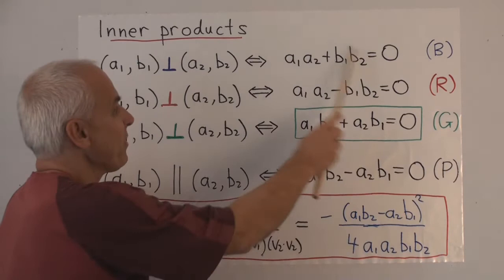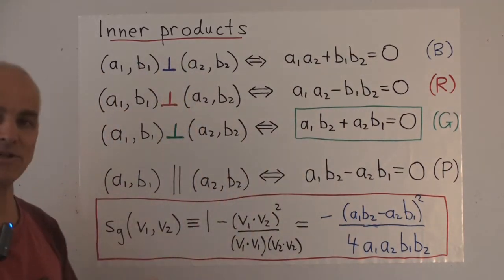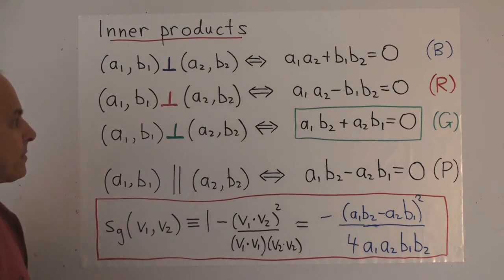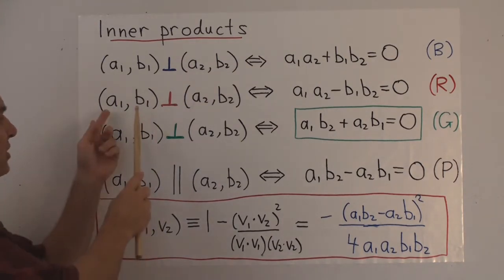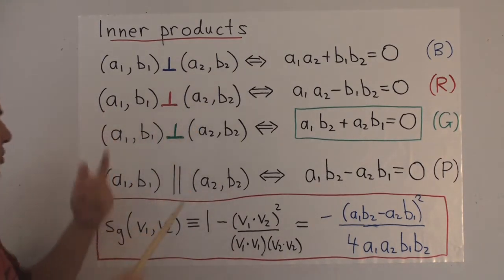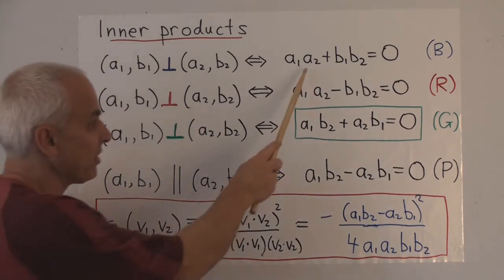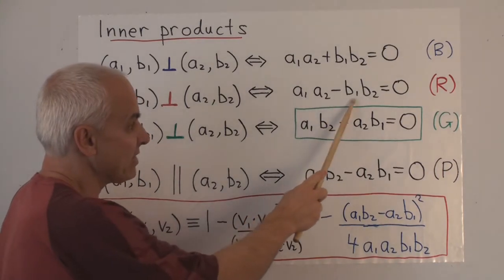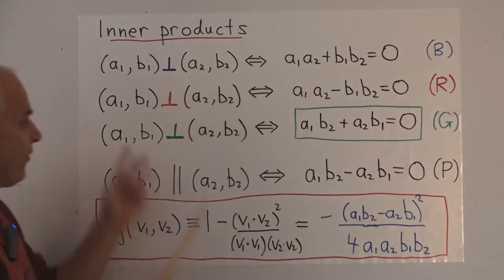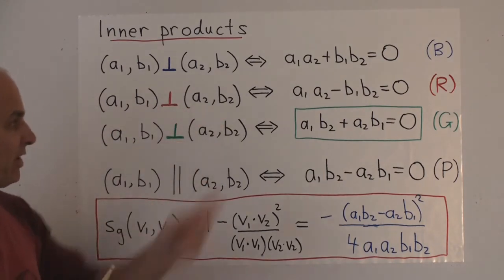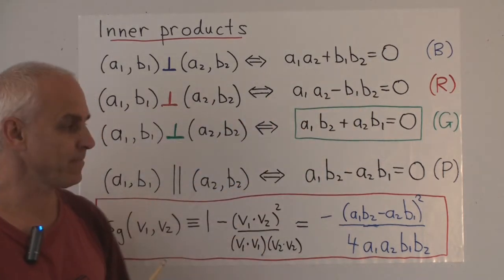So it's a number that's associated to two vectors that tells you when those two vectors are perpendicular in the blue sense. In the same way, there's a red inner product that tells you when two vectors are perpendicular in the red sense. It's just a variant on this one: a1 a2 minus b1 b2. You can check that the previous example of red perpendicularity is captured by this expression.